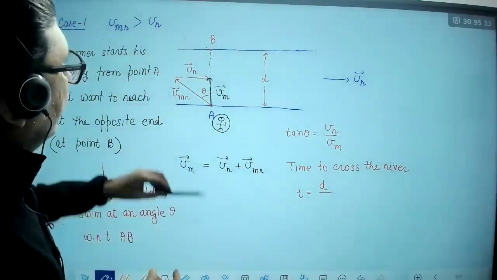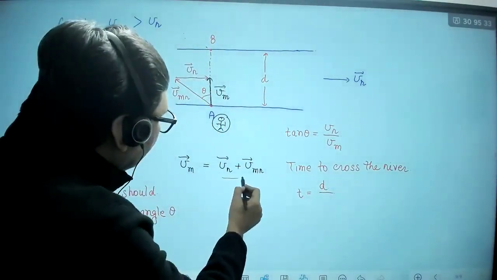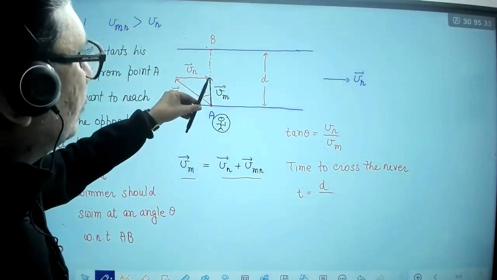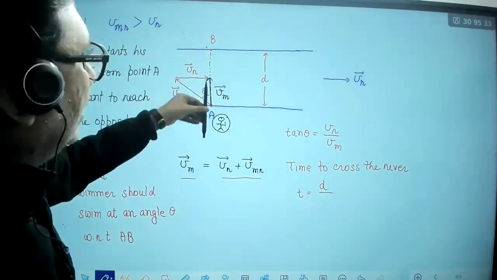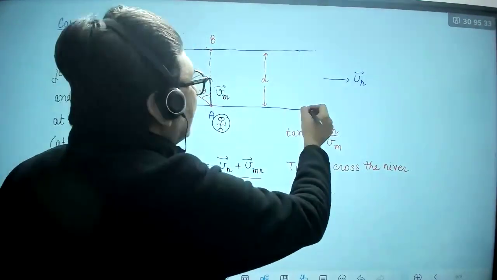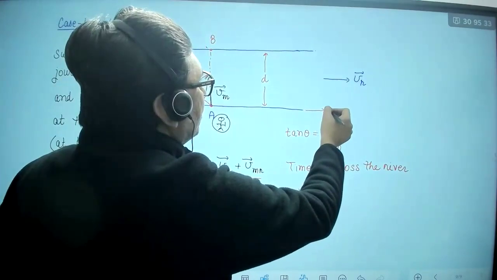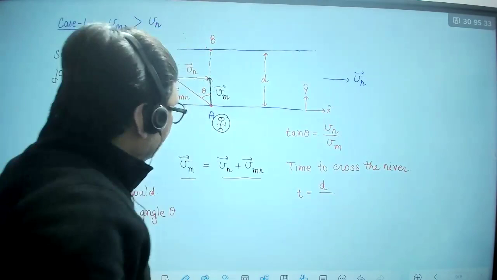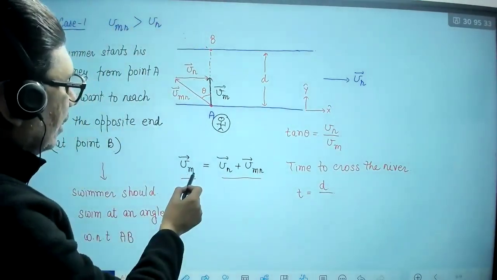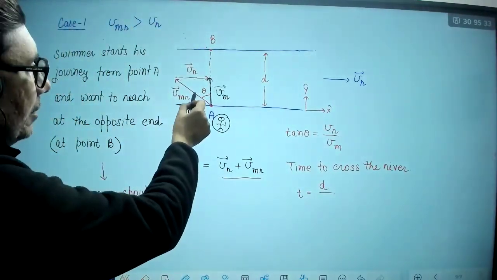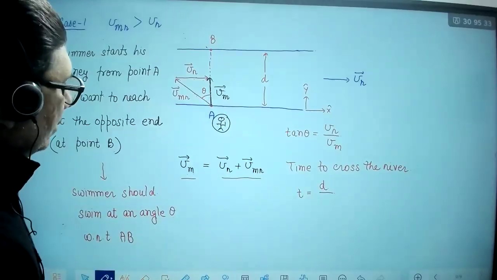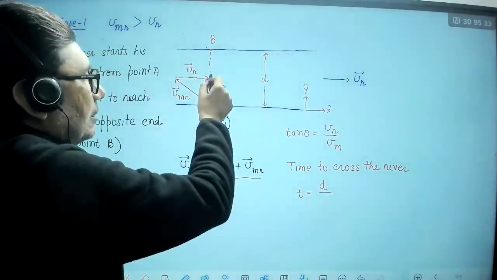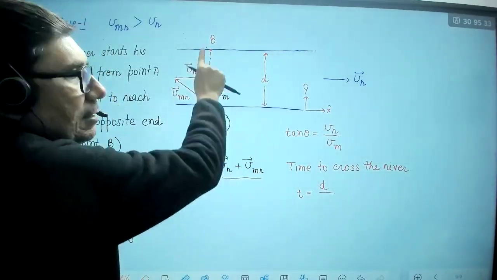Try to understand on this side. Suppose this is the x direction, and suppose this is the y direction. So you have to consider the velocity in the y direction. Either you use the component of VMR in this direction, or the component of VM in this direction.